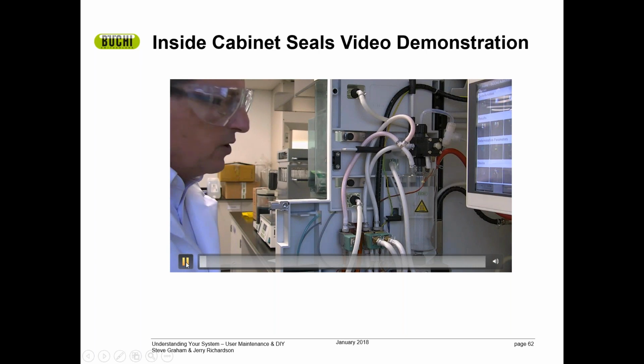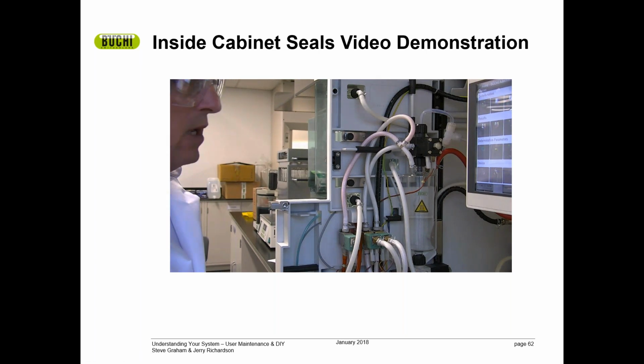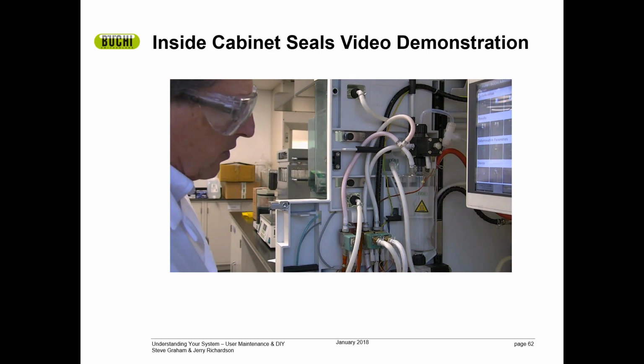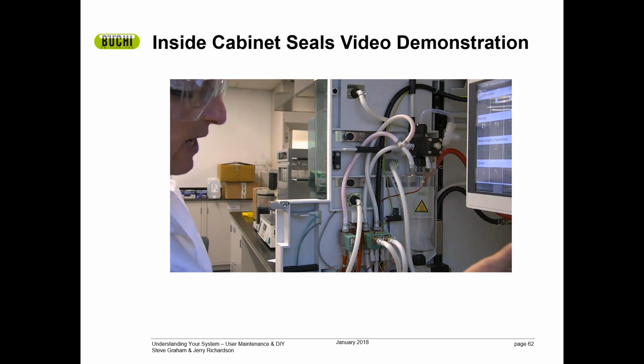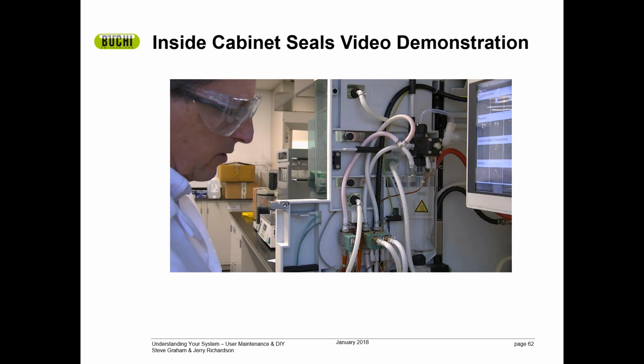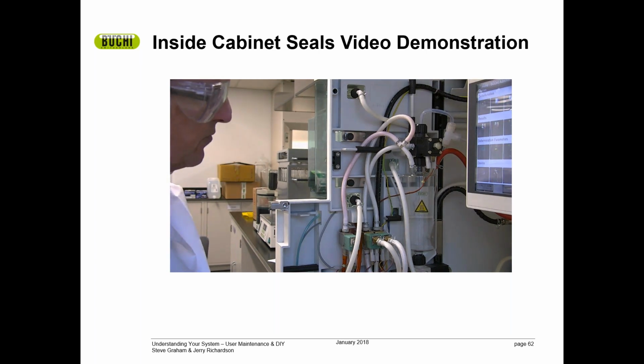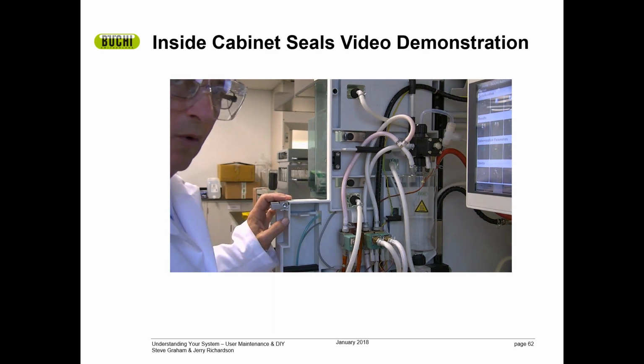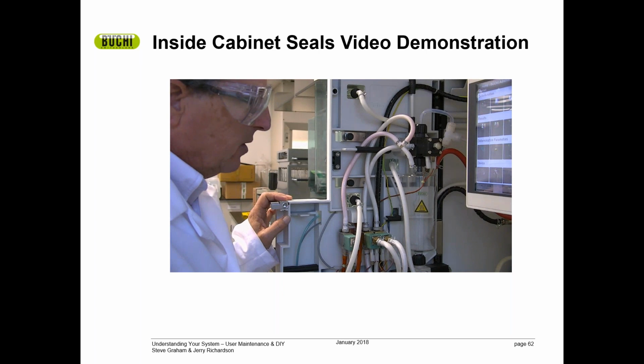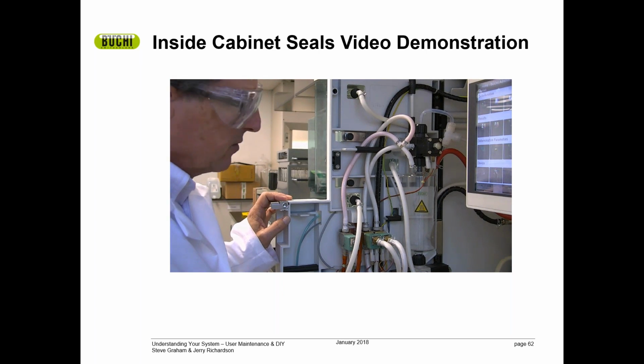Now that we've seen how to tighten the seals on the front of the cabinet, let's take a look at the seals on the inside of the cabinet. I have opened the cabinet door. There is no reason to power down for this part of the maintenance. However, there's very important seals inside the cabinet that need to be addressed.